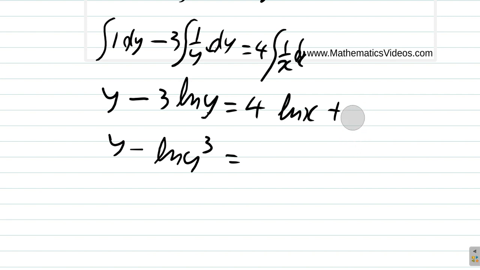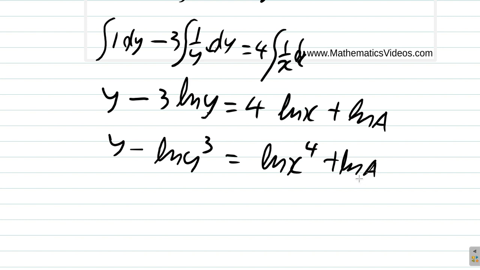It can be written as ln of another constant. Say ln a. So when I say 4 ln x, well, this itself would be ln x to the 4th, right? Remember your indices. Now ln x to the 4th plus ln a is the same as ln of x to the 4th times a.